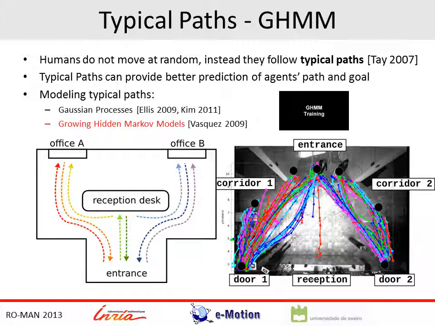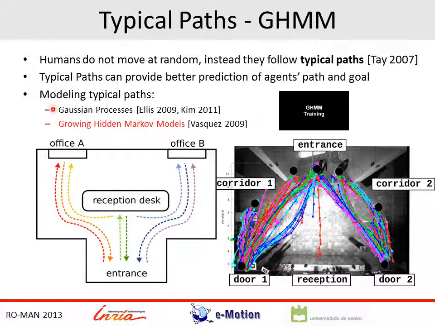To address the problem of goal prediction in more complex environments, we can take advantage of the fact that humans do not move at random. Instead, their motion is related to interest points, for example, office doors, entrances of buildings, reception desks, that are present in the environment. So to be able to work with these typical paths, we need to create models of them.